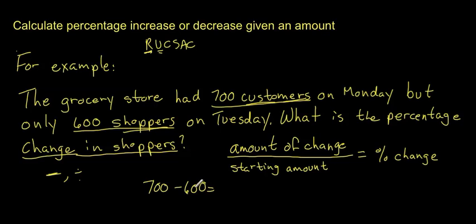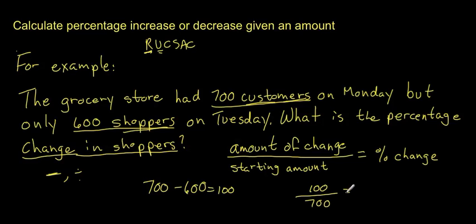So 700 subtract 600 is 100, and our starting amount is, as we know, 700. So we're going to rewrite this, putting in our numbers now. The amount of change is going to be 100. The starting amount is 700.